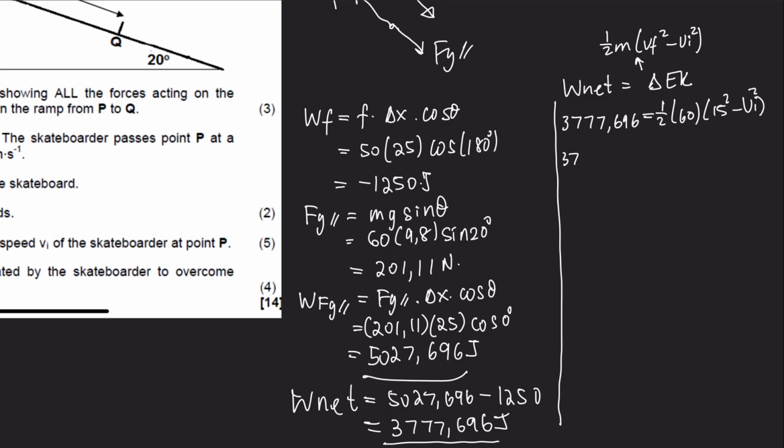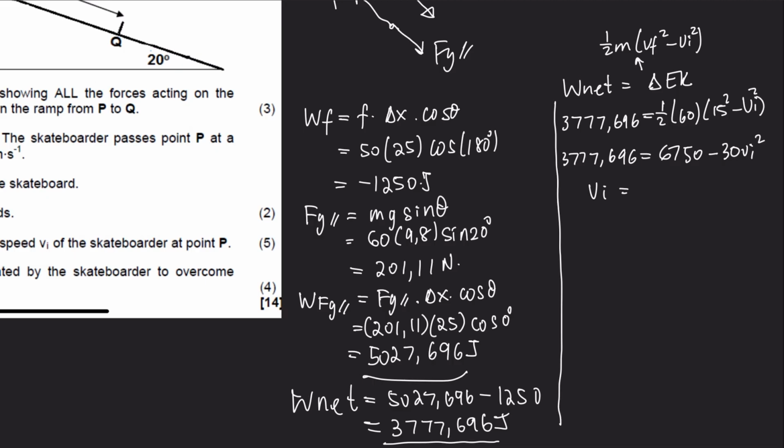So 3777,696 equals, now we can open up that bracket, 30 times 15 squared gives me 6750 minus 30 Vi squared. Now we can solve for Vi. So 3777,696 minus 6750 divided by negative 30, square root.